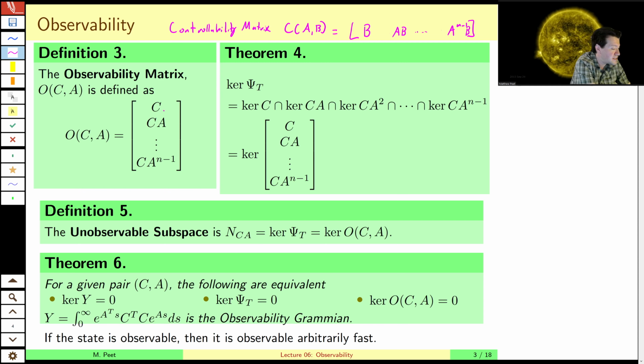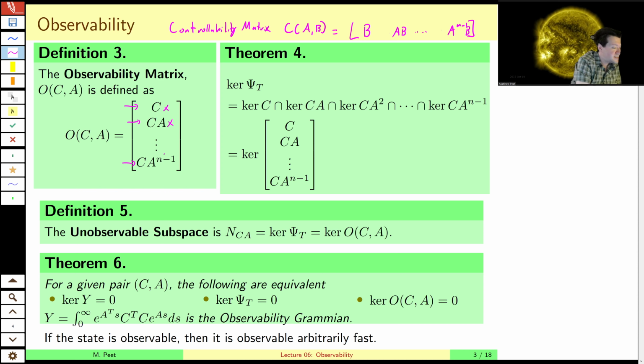If a state shows up directly in the output, then that's the first entry. If it gets mixed with some other states through the A matrix and then shows up in the output, that's the second entry, all the way down to n minus 1 mixes. And that's the last entry, or last row.